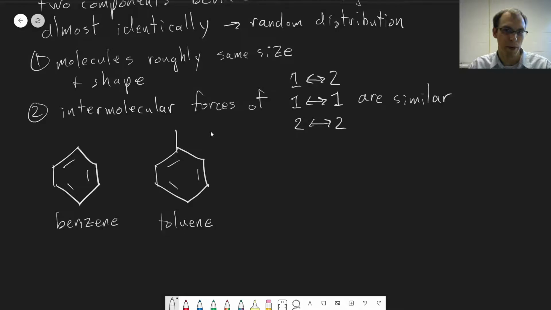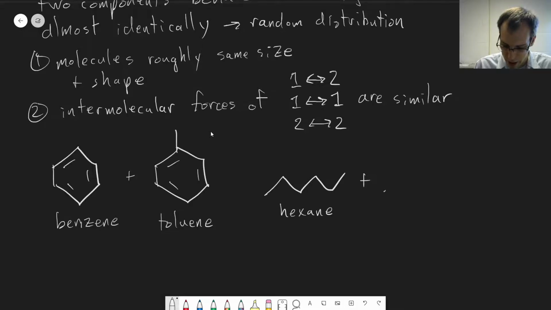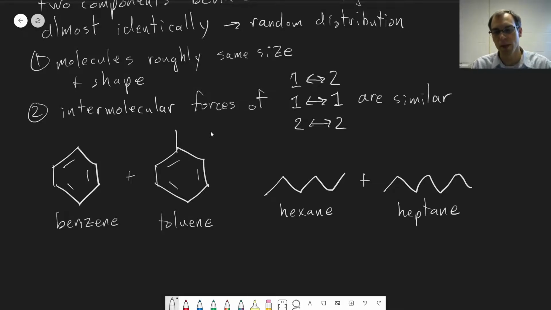There's no big chemical difference. One's not polar and one's nonpolar; they're both very nonpolar. Another example where you have just one methyl group difference between the two is hexane and heptane, where we just add a methyl group on the end. This would be something else that would have close to ideal solution behavior.